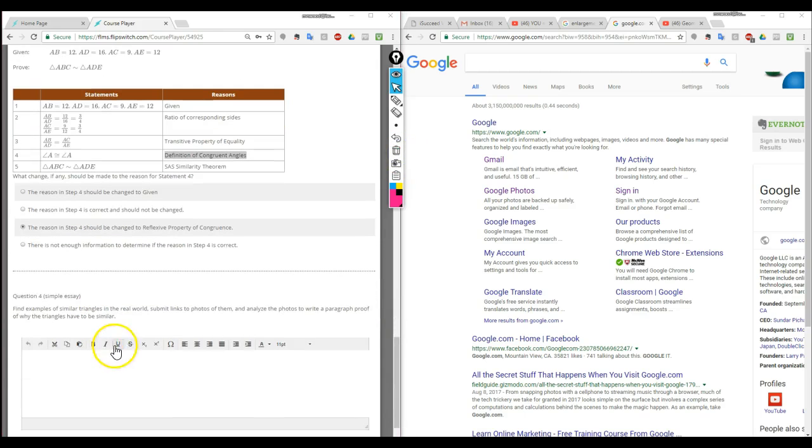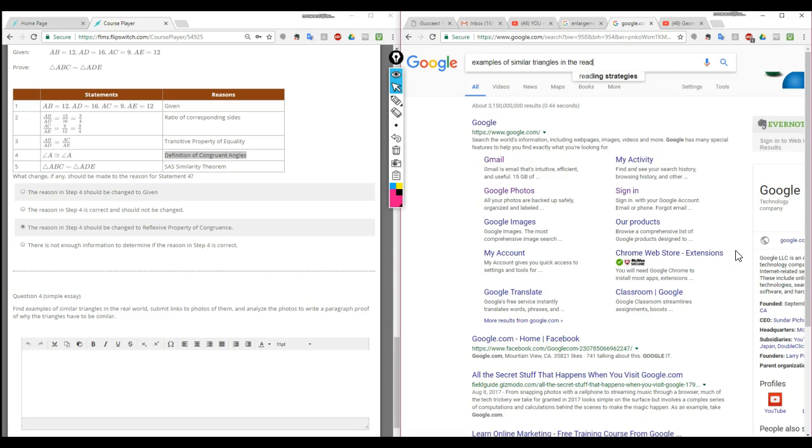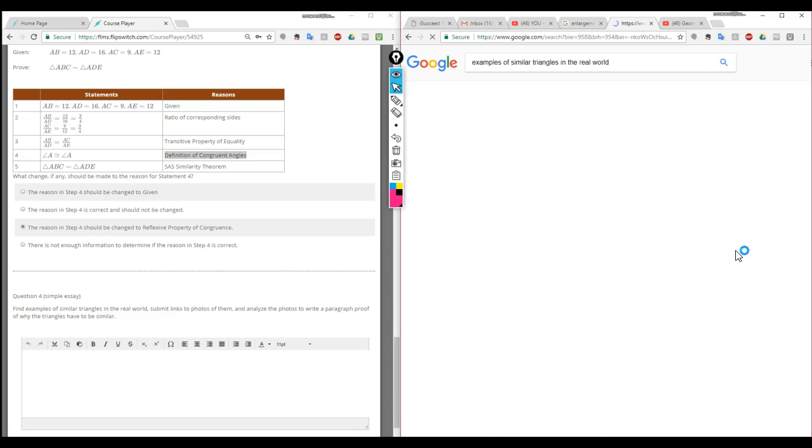And then question 4, find examples of similar triangles in the real world, submit links to the photos of them, and analyze the photos to write a paragraph proof of why the triangles have to be similar. Okay, so we have Google up. I would type in example of similar triangles in the real world.